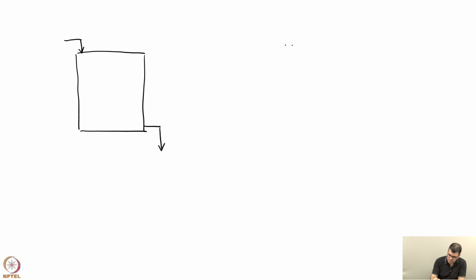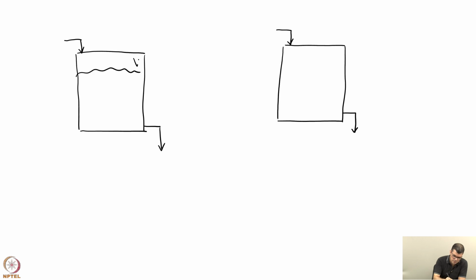Imagine a chemostat. Its capacity is V, inlet and outlet flows are small v naught, these are rates, and these are stirred.